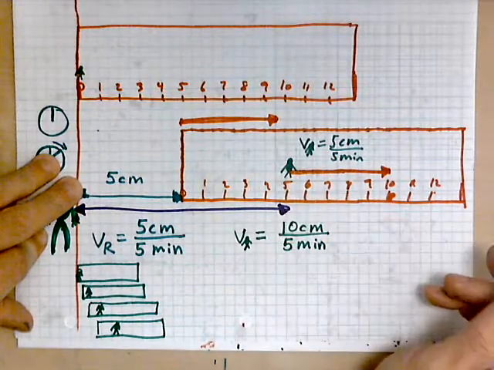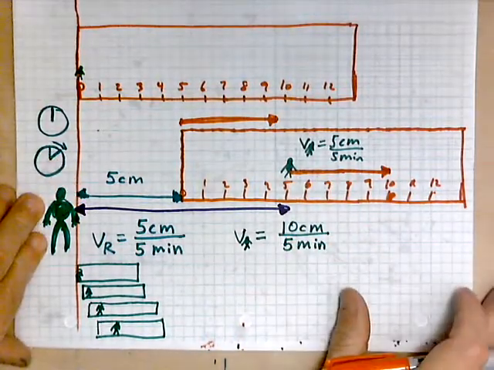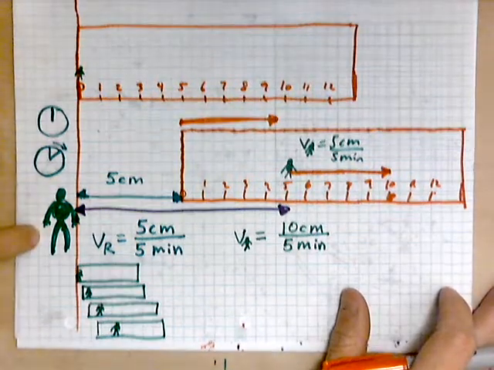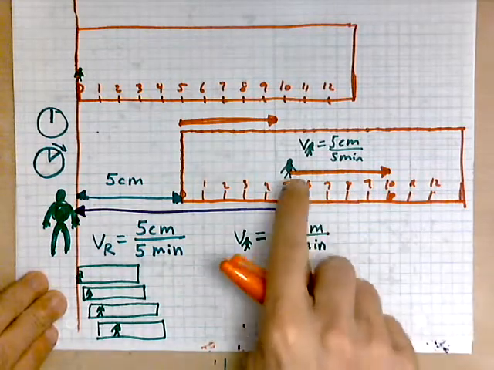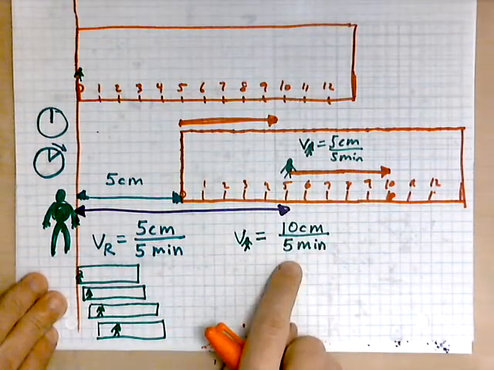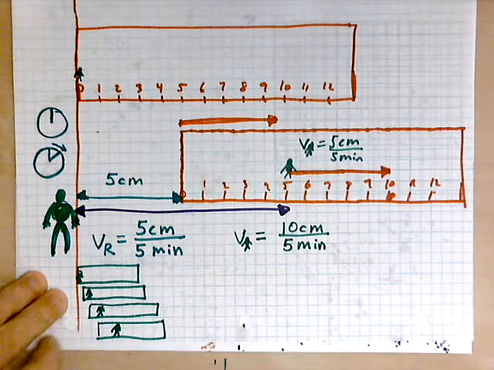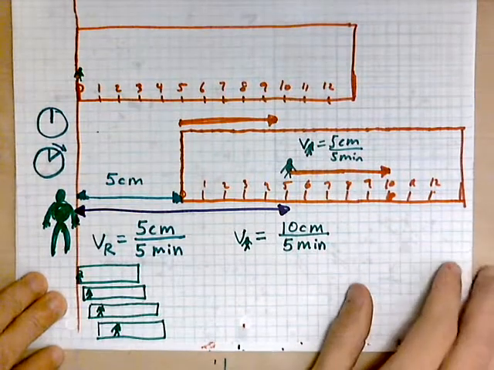That's his velocity arrow. Which means that what this guy standing at the starting line sees in terms of the little guy is effectively 10 centimeters every 5 minutes. You see he moves 10 centimeters within 5 minutes on the clock.